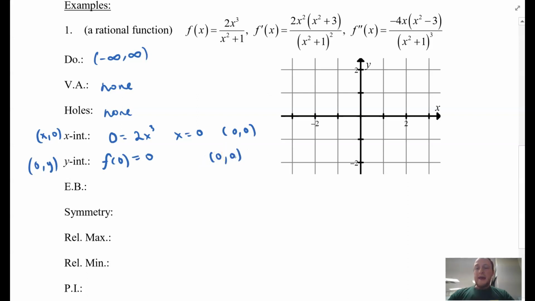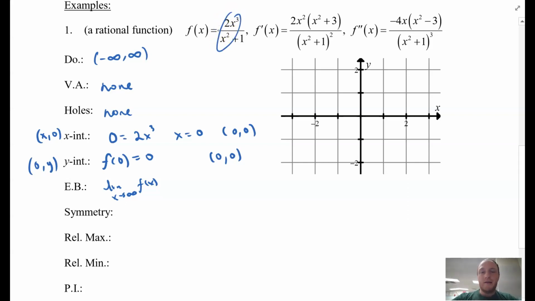All right, end behavior. Remember that end behavior is your limit of the function as x is approaching infinity, as well as negative infinity. And what we do, especially with rational functions, is we look at the ratio of our leading terms here.